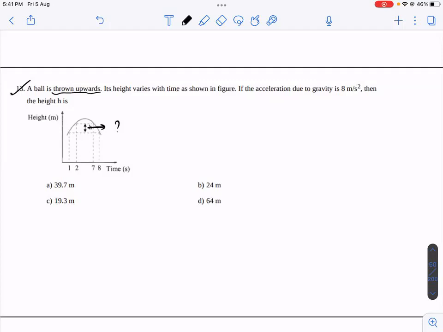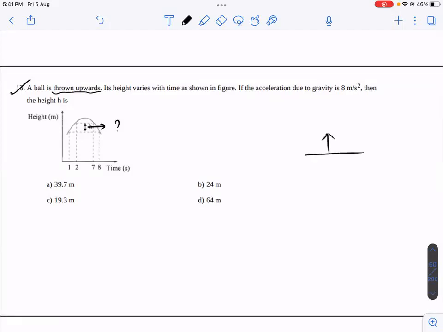Tell me how to start. Ball is thrown upwards means, let's say its initial velocity is u. You're able to see on the x-axis that you have 1, 2, 7, and 8 seconds.